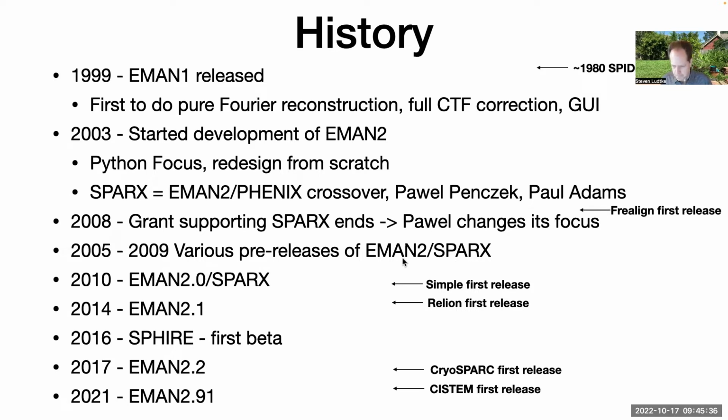A lot of the work with Pawel Penczek turned into Spire, which is what you see down here, via collaboration with Stefan in Germany, with the idea to wrap some GUI around Sparks. So now Spire is also jointly distributed with EMAN2, and they haven't been real active recently, but it still exists. Anyway, that was probably more history than we really need.